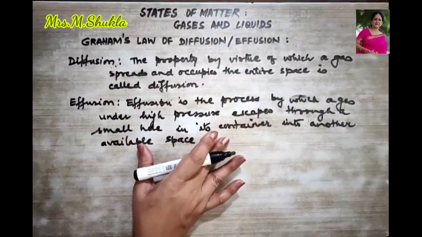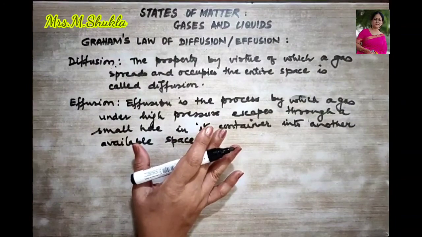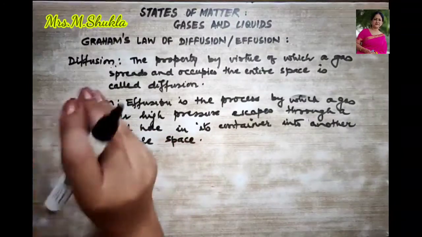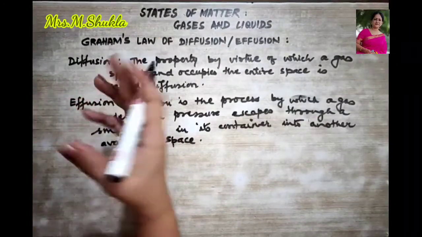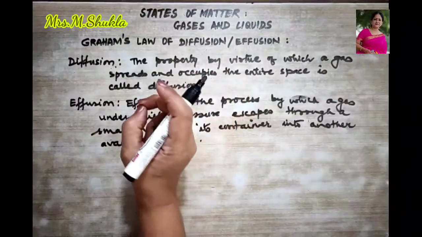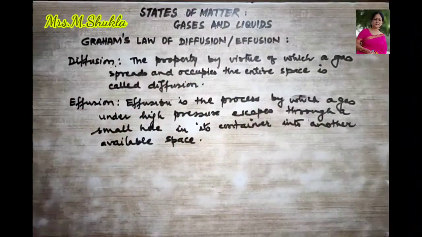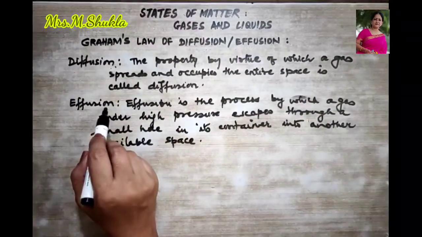So let's talk about some examples of effusion also. For example, the air that escapes through a hole in a punctured tire; you hardly come to know when your tire gets punctured, because of the very minute hole in the tire. That is effusion.